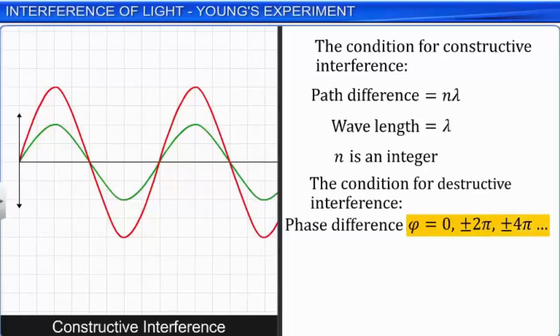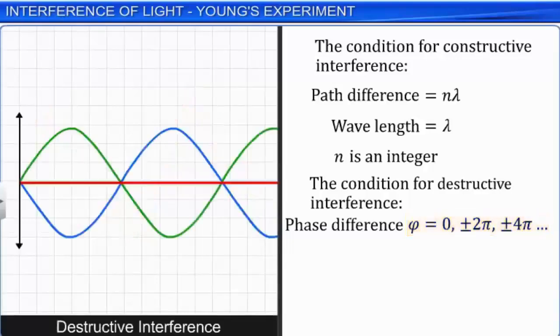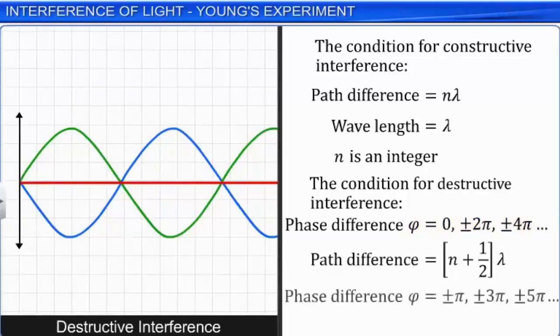For destructive interference, either the path difference is equal to (n + 1/2)λ or the phase difference φ is equal to ±π or ±3π and so on.